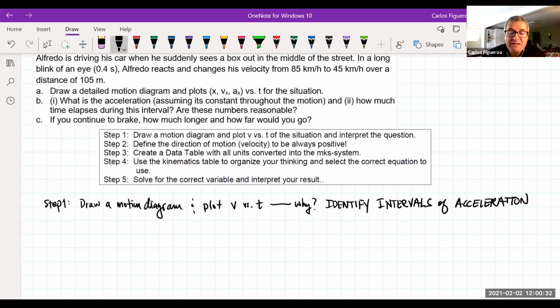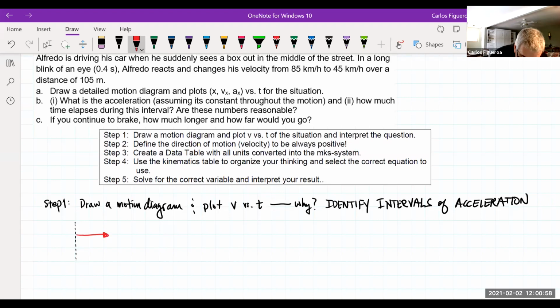It's not until he starts braking that you have deceleration. So I'm going to set it up here. What do I know here? I'm going to set up my intervals. My first interval says that he's driving at some initial speed.